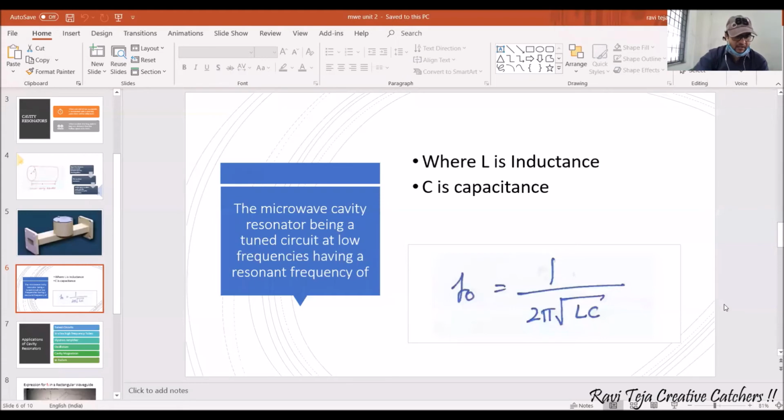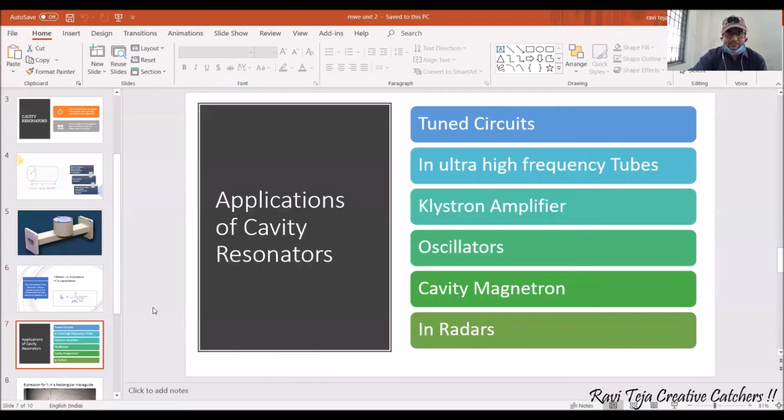This should be remembered. These cavity resonators, which are metallic tubes with hollow space used to generate frequency, are used in tuned circuits, in ultra high frequency tubes, klystron, klystron amplifier, oscillator, cavity magnetron, and in radars.